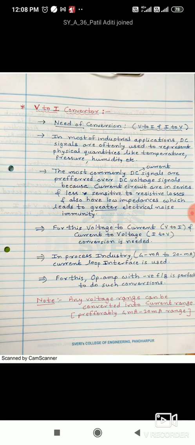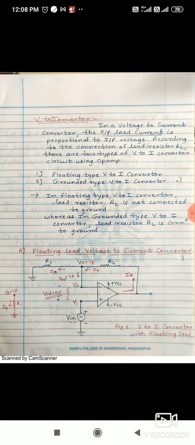So before starting today's lecture, we can review what we have discussed in the previous lecture. In the previous lecture, we discussed the voltage to current converter and the current to voltage converter. We started from the types of voltage to current converter.